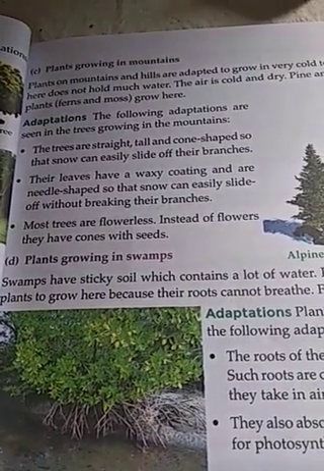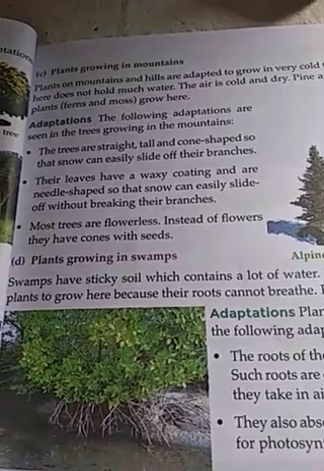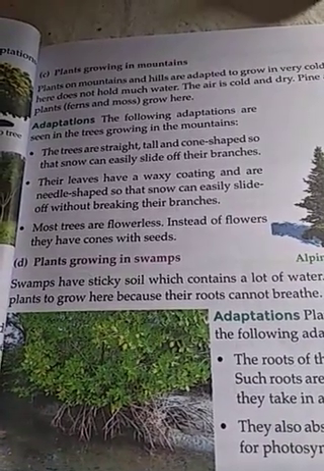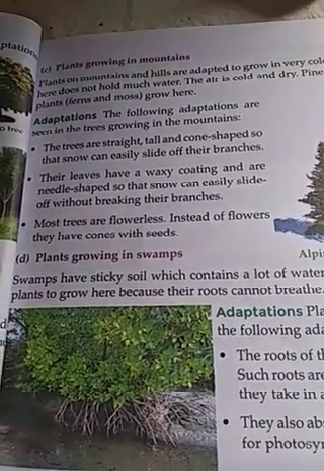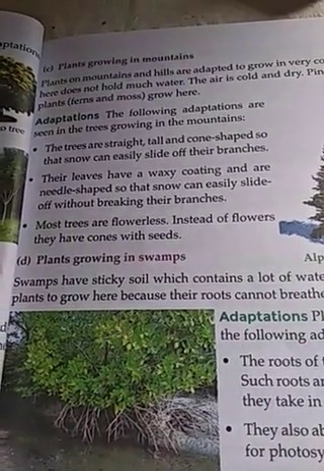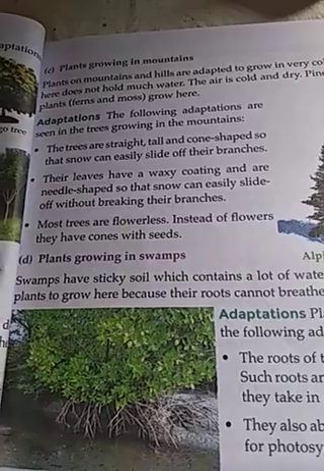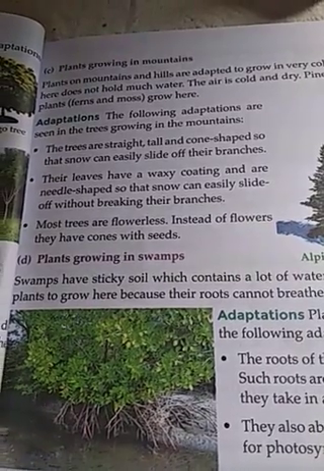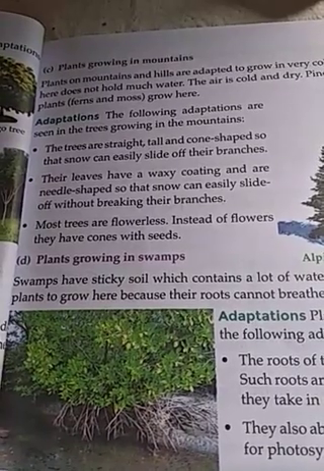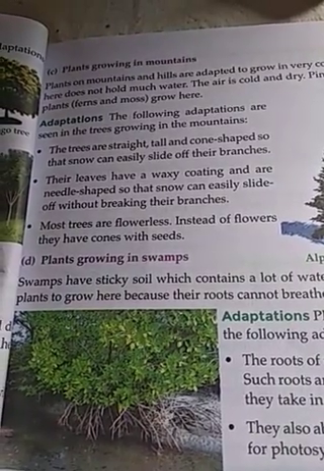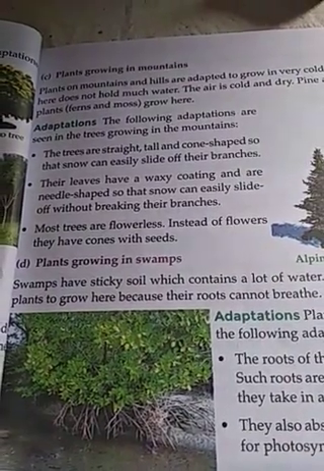If a lot of snow will be there on the branches, then what will happen? Because of the weight of the snow, the branches may break down. So trees are modified to have wax coated needle like leaves so that the snow can easily slide off.